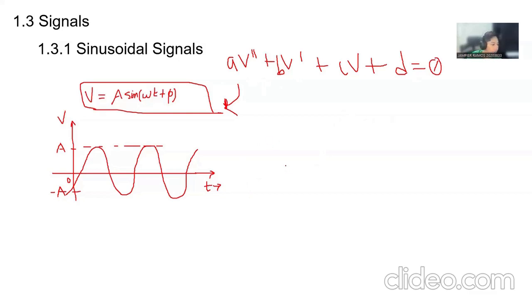So in general, circuits are a kind of system called linear systems, LTI, linear time-invariant systems. Sorry.